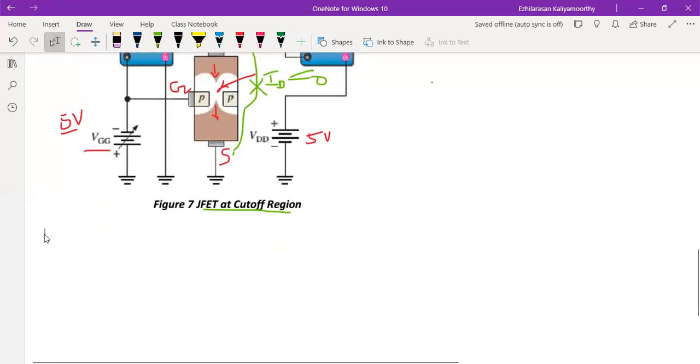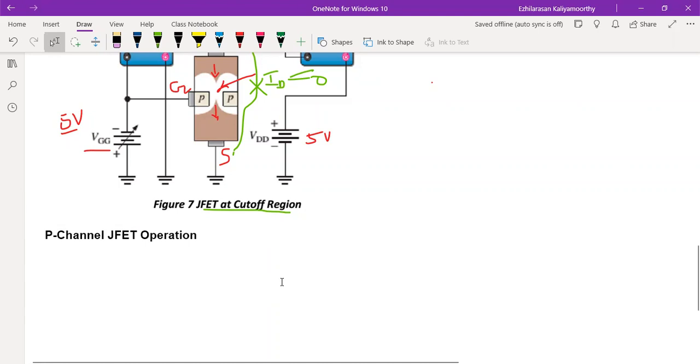Next is P channel. Actually, no need to discuss that much. So P channel JFET operation. As I said earlier, the P channel is similar to N channel only.